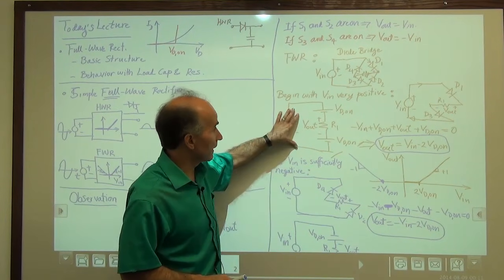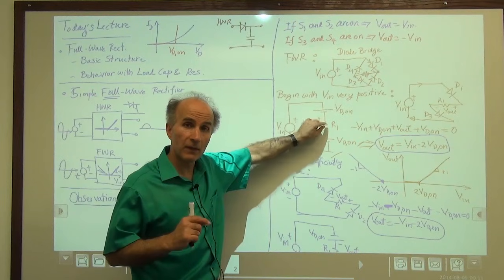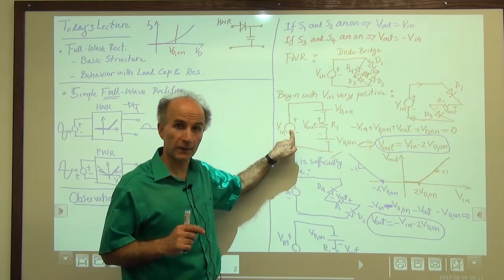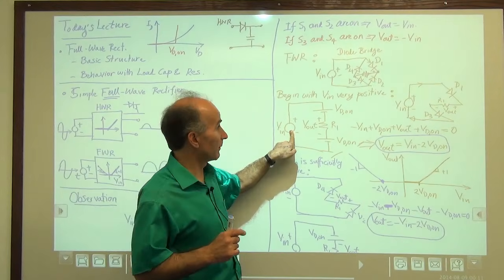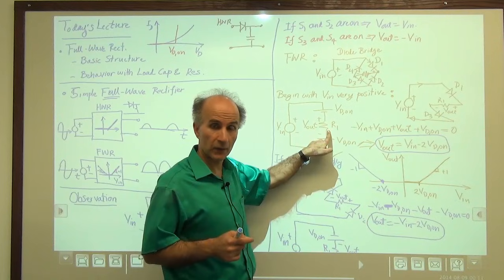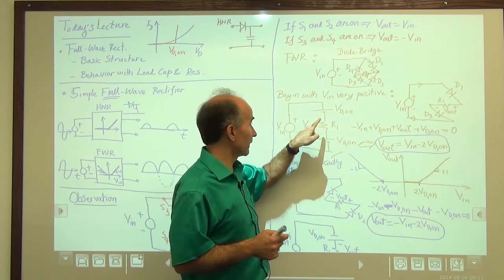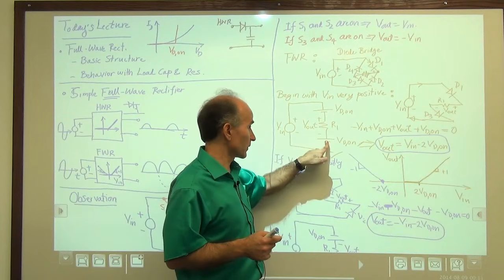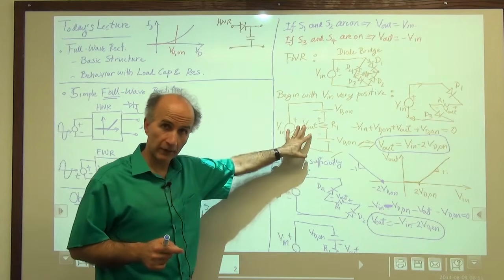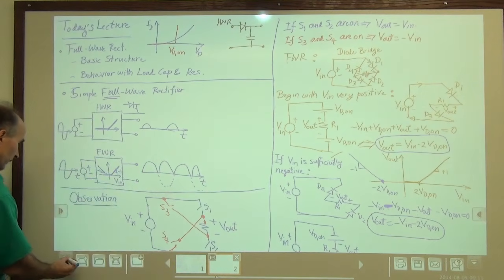What the circuit does, the way it delivers this voltage, is independent of this load, as long as these are ideal voltage sources. You notice from the KVL that we wrote that there was no role for R1 in this circuit. So even if it's a capacitor, it would be the same thing, provided that there is a voltage source here, there's a voltage source here, and there's a voltage source here. So keeping that in mind, we can go ahead and analyze the circuit with a capacitive load.